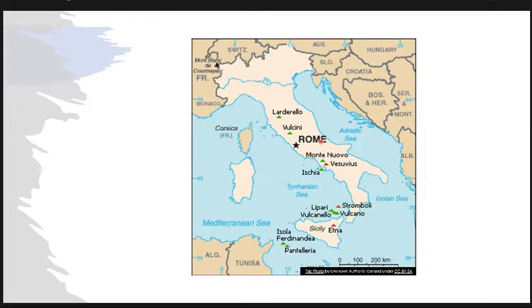Okay? Now, we're looking at ancient Rome. It's not the ancient Italian Empire. It's the ancient Roman Empire, because the city of Rome is the hub of it all, is where it all begins.